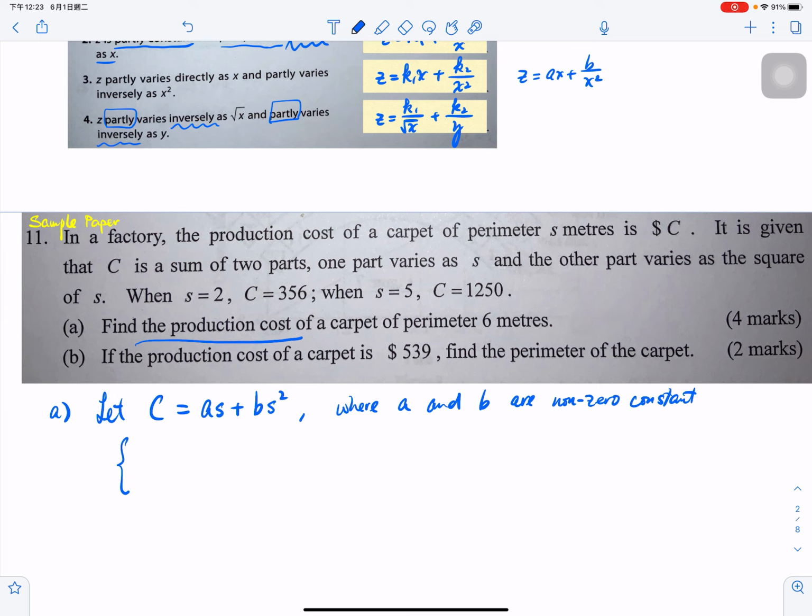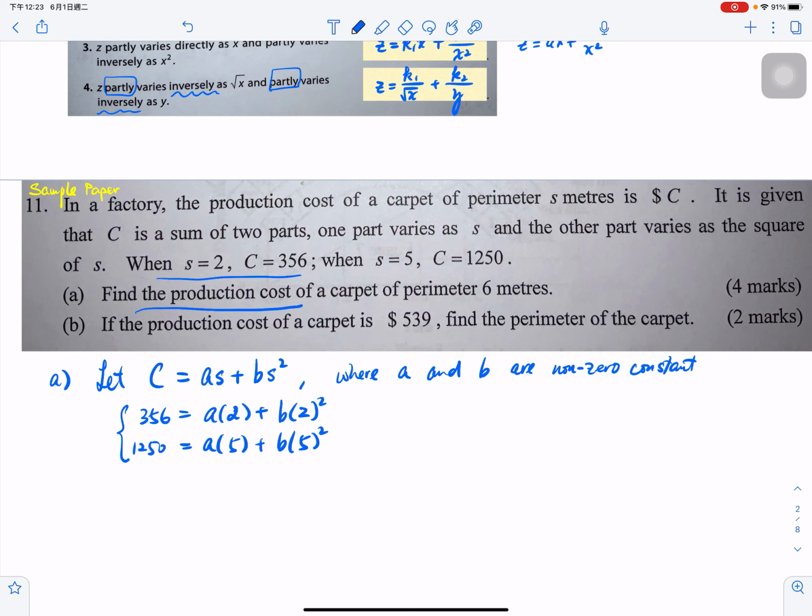So now C is 356 equals A times S, that means 2, and then B times 2 squared. The other one, 1250 equals A times 5 plus B times 5 squared.